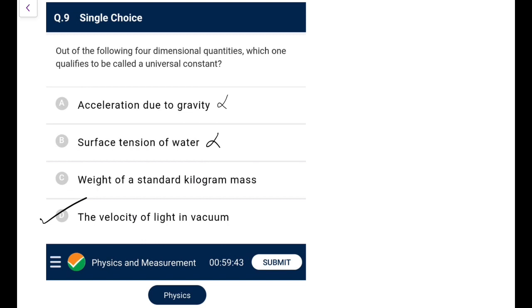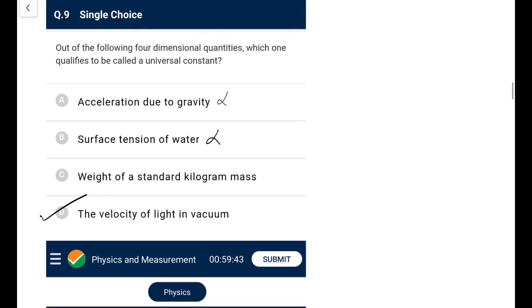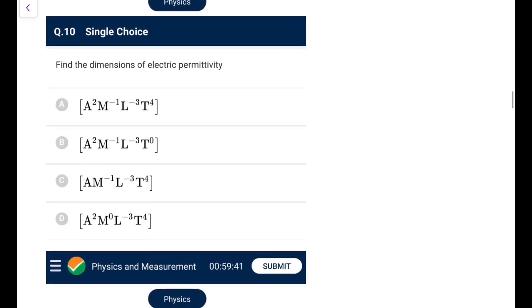I suppose the most appropriate would be option D, because the relativity theory says the velocity of light is independent of any reference frame, so that can be taken as a universal constant.